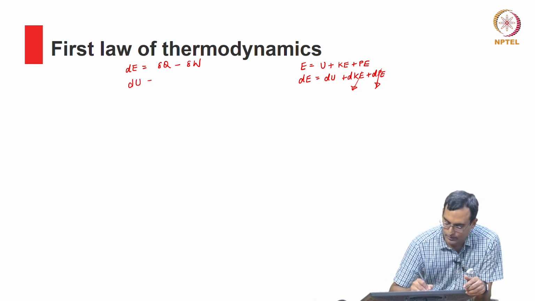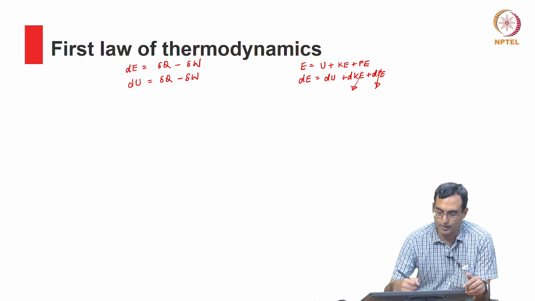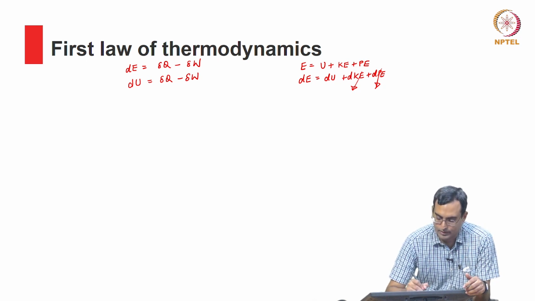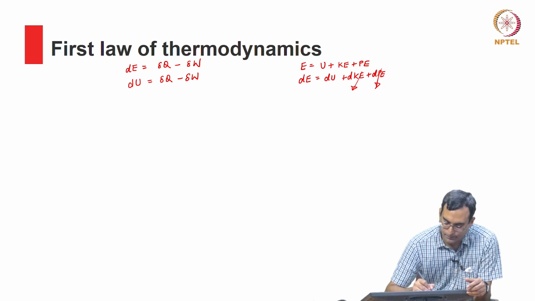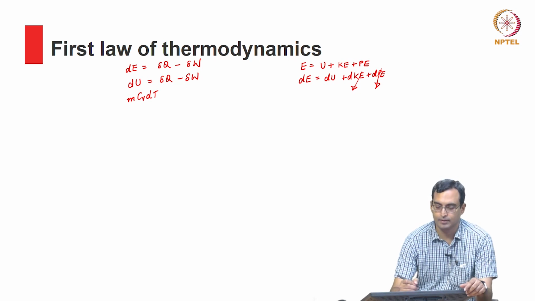So, I get this expression. I know the value of work done, which we have just calculated. I want to find out the value of heat, which I did not know, and here I have du. So, du can be written as m into Cv into dT, assuming that what we have is an ideal gas.